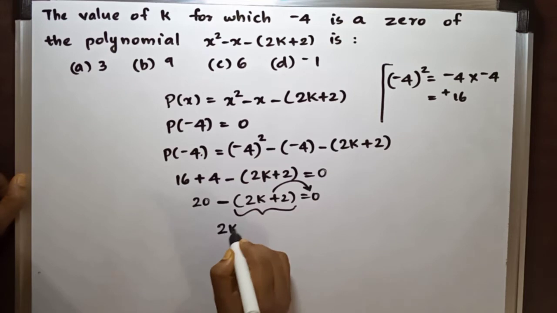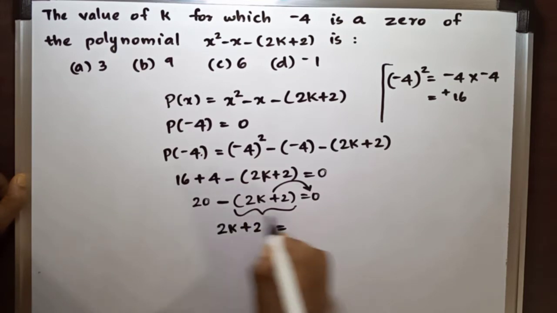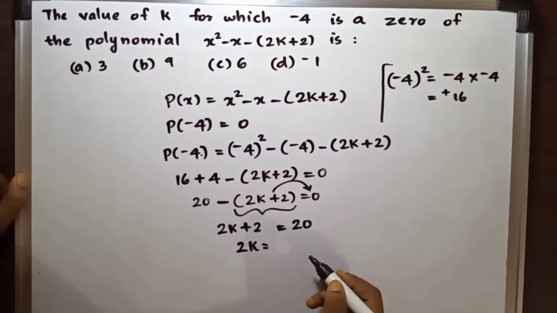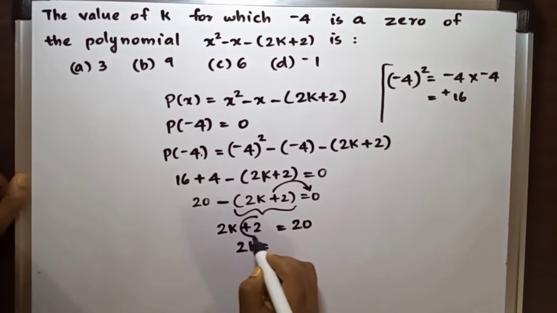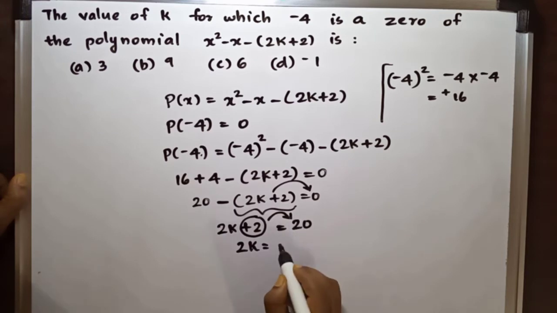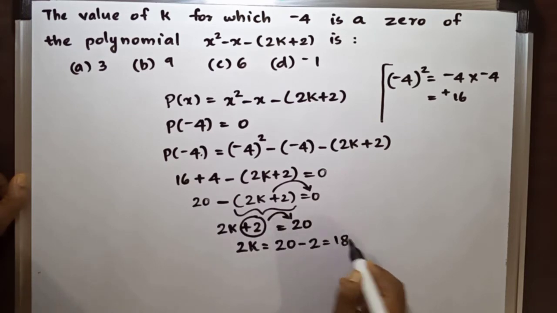So, 2k plus 2 is equal to 20. Now, what is 2k? I am going to take this plus 2 to the other side. Plus 2 will become minus 2. So, 20 minus 2, that is 18.